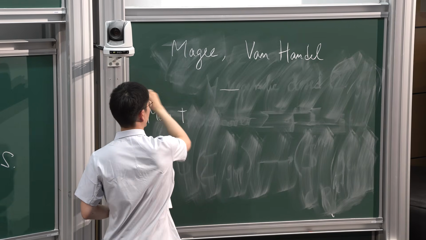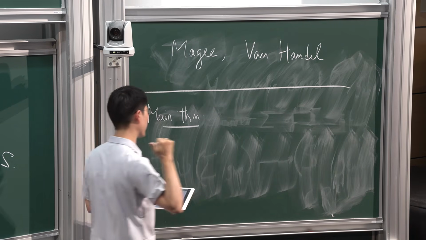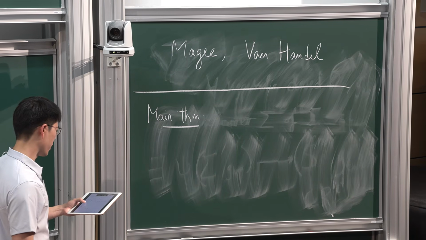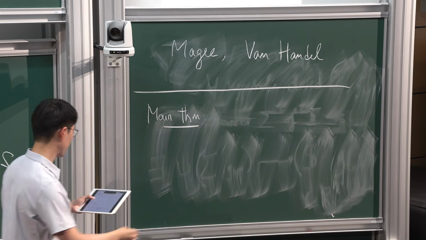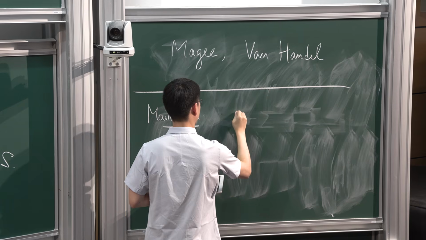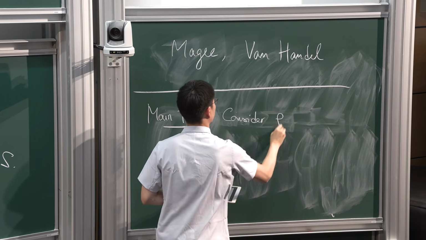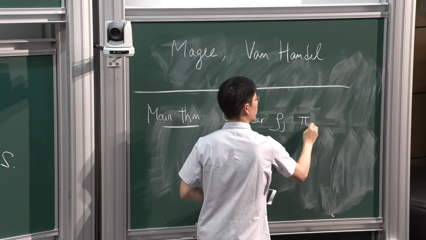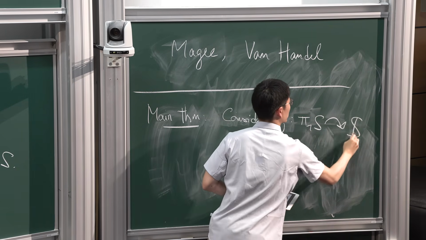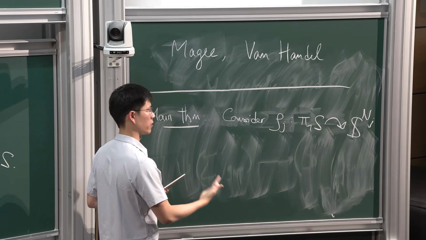So here's the statement of the main theorem. That's going to imply, for example, the application I described earlier. Let's consider a sequence of isometric actions of pi1 on some sphere.